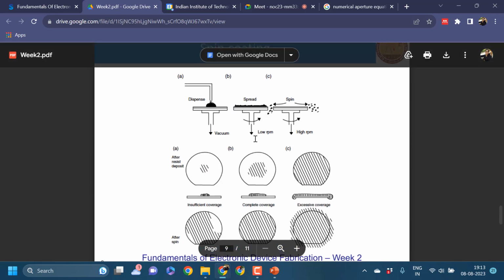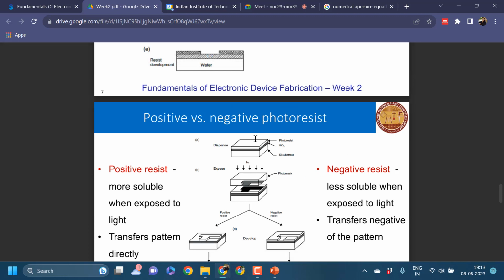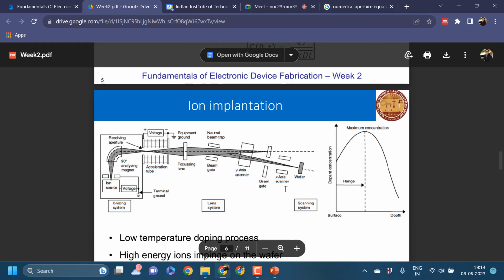A junction between the same material and a junction between different materials. Yeah. So when the junction is formed between two same materials, it is known as a homojunction, and when it is formed between two different materials, it is known as a heterojunction.